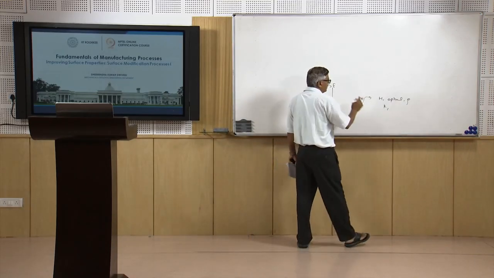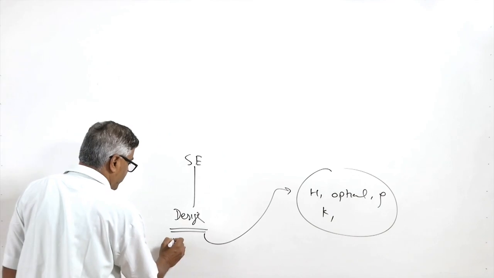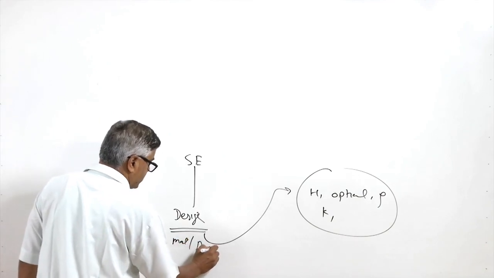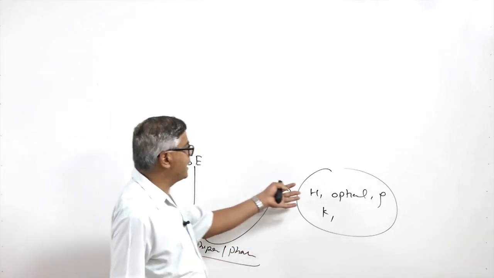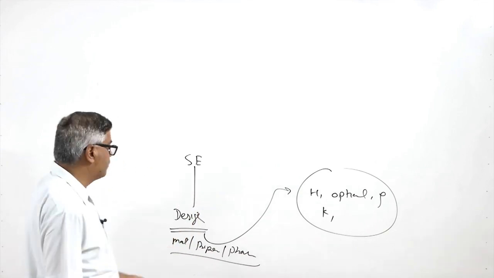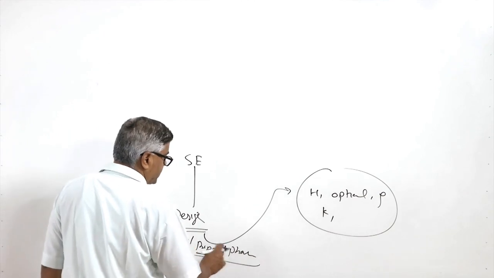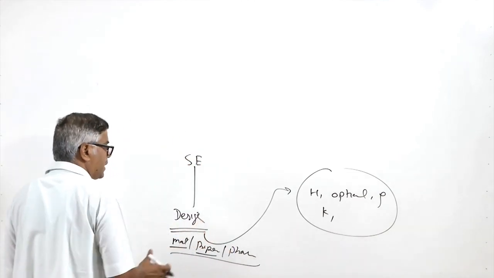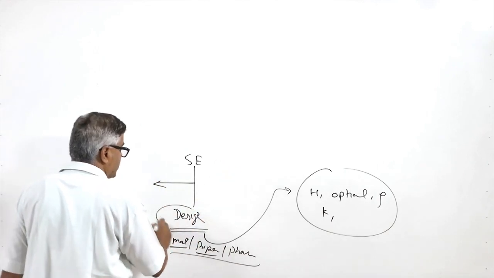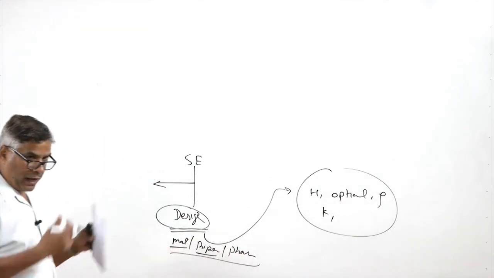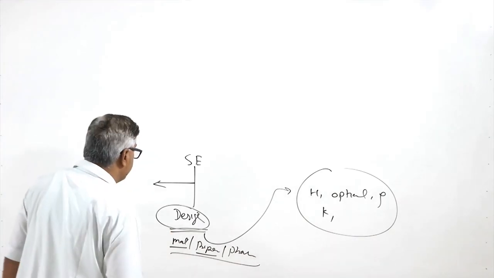So in light of the requirements, we first identify what material, what process, what phases we need to have at the surface so that we can have the desired combination of properties. In design, basically the materials and processes are identified so that we can achieve the desired surface properties. So the first stage is to design what we should have in order to achieve the desired set of properties so the functionality can be improved.